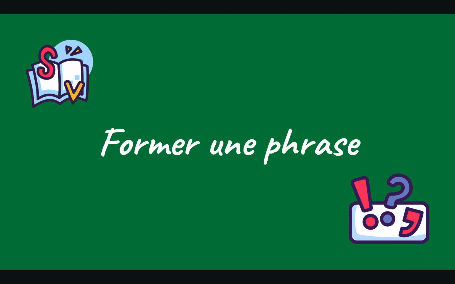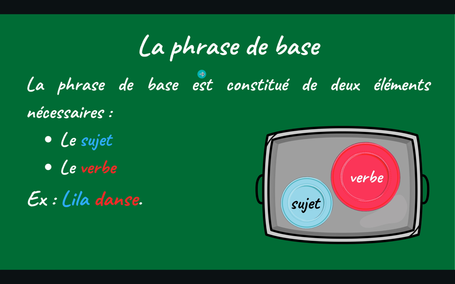with a correct sentence. So first, let's see what is the phrase de base, la phrase de base that we call it's the basic sentence. The basic sentence, it's two elements, two necessarily existing elements, le sujet et le verbe.